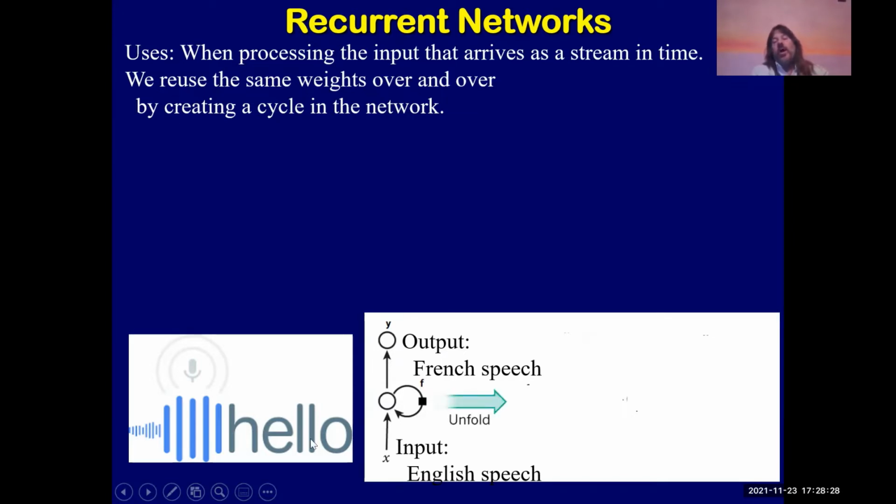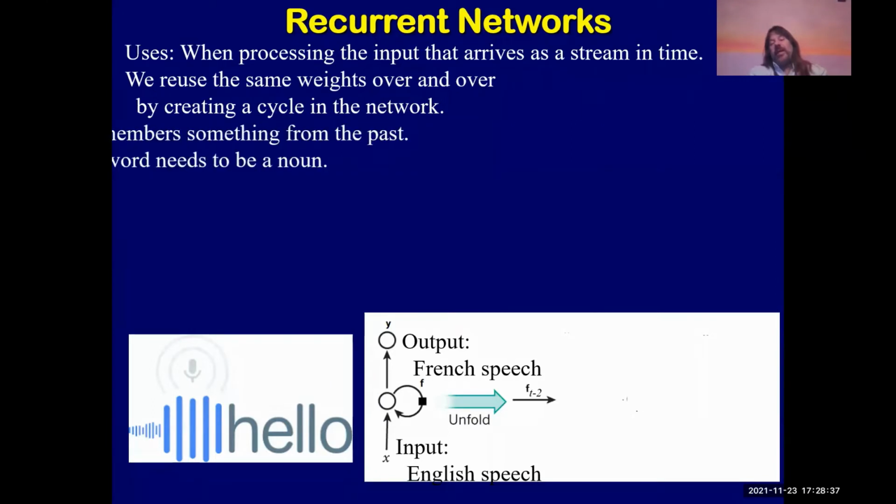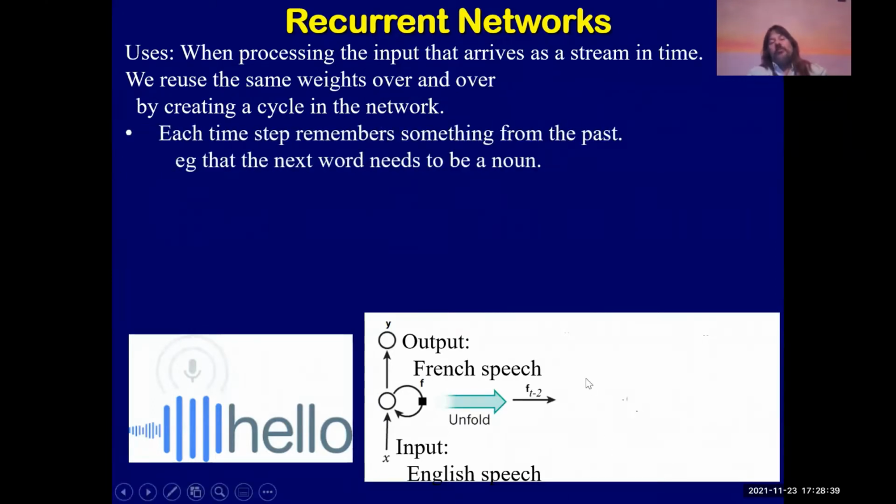All right. But we can imagine we can unfold this into different time slices, and we can see what's happening. Here's a particular point in time, and the machine is remembering something about the past. How I recognize the next word in my sentence depends on what I've heard in the past. So it's remembering something about the past.